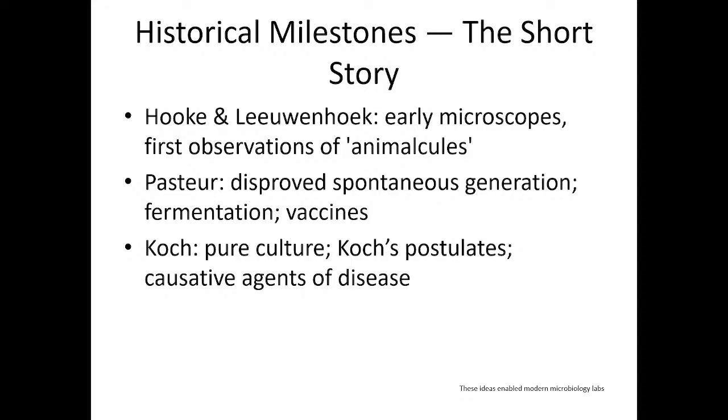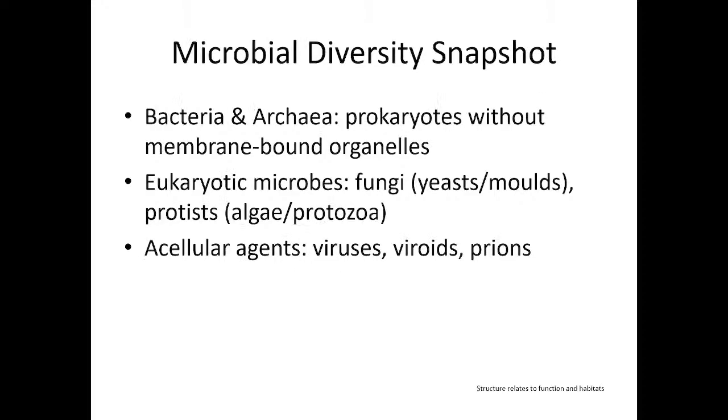He was the first to link certain diseases to being caused by microorganisms, organisms that are too small to be seen with the naked eye. And that is the reason why up to today we are still making use of this idea, and that is pure culture.